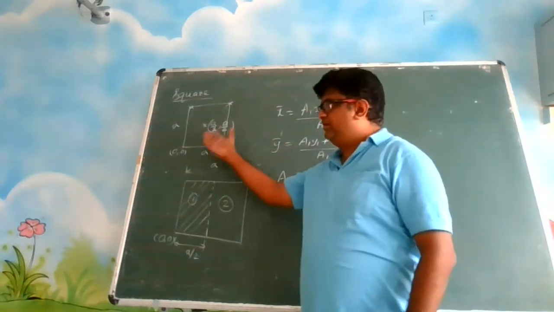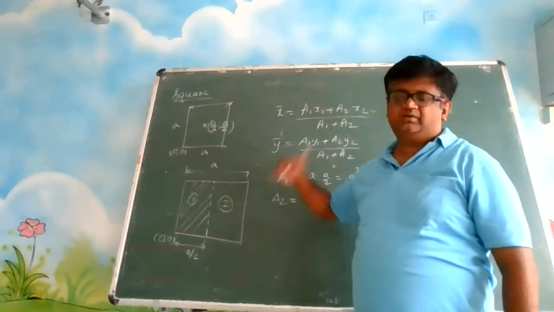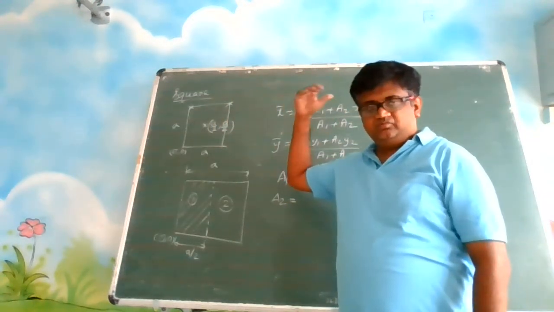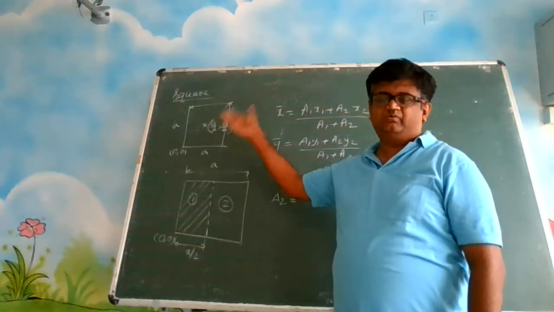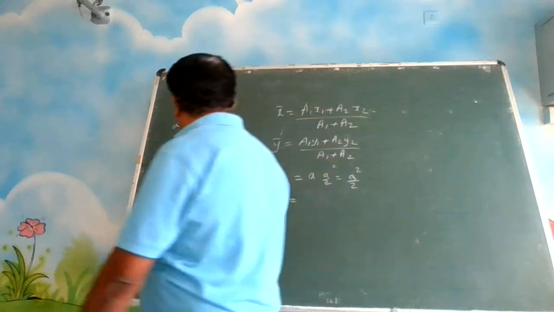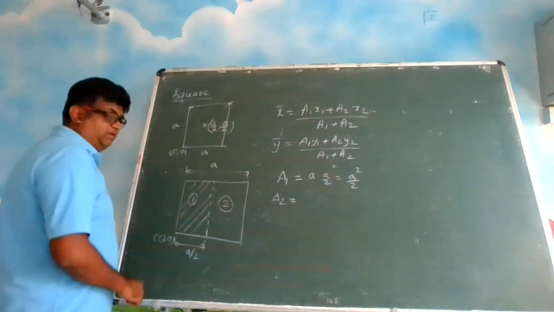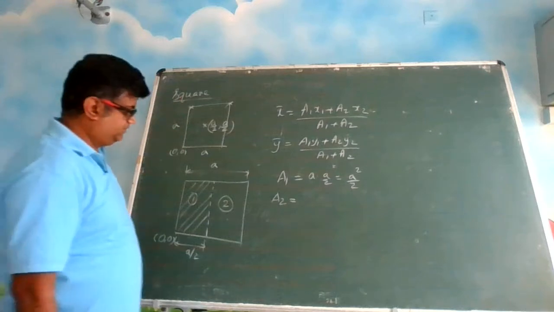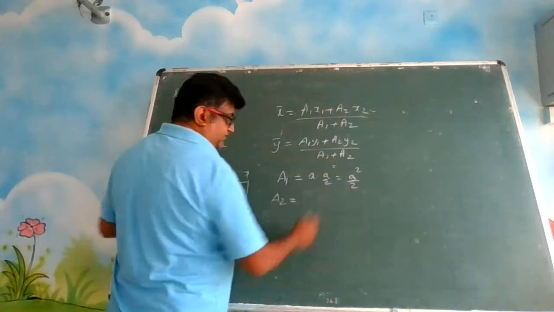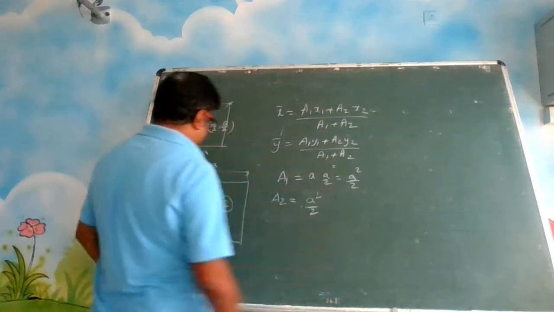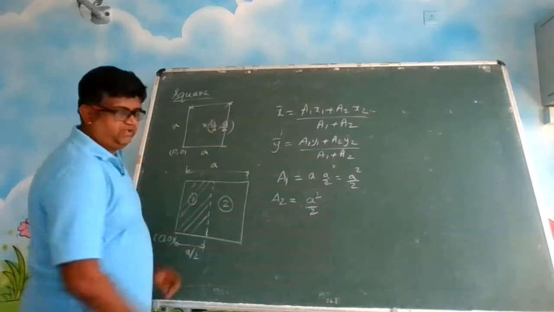Sometimes some geometry is symmetrical about x but not y. Sometimes something is symmetrical about y but not x. When that example comes, I will tell you. But this particular geometry is symmetrical about both x and y. So if you got A1 as A square by 2, A2 also will be A square by 2 only. It is also A by 2 into A.